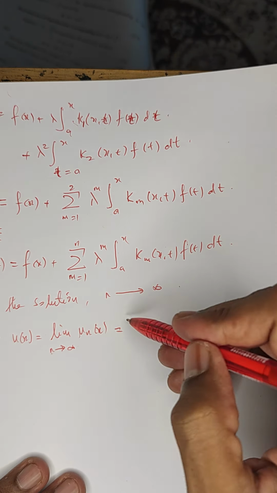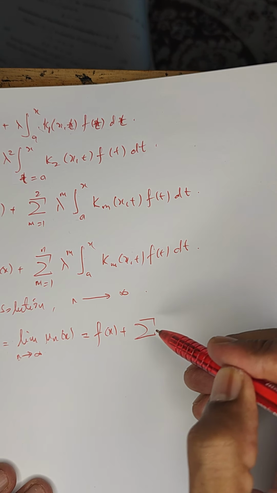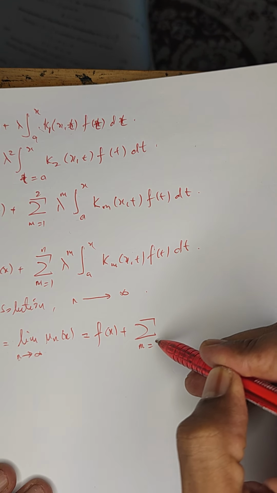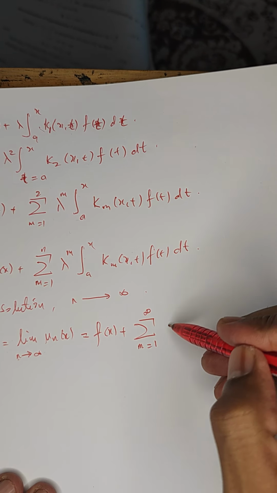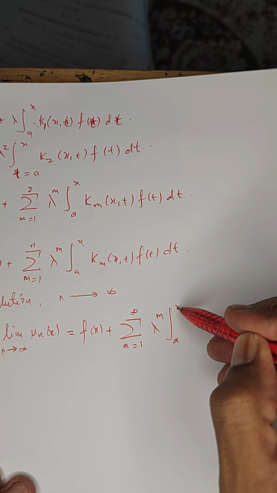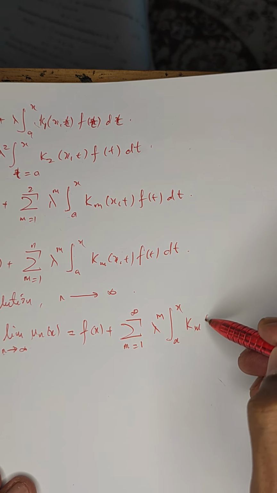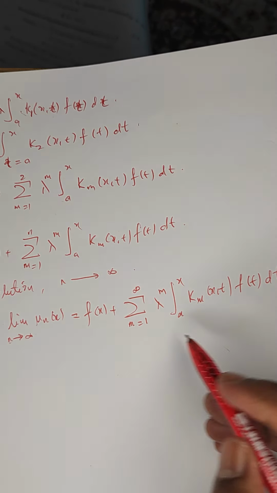This is equal to f(x) plus the summation m from 1 to n, now it goes to infinity, lambda^m integrate a to x k_m(x,t) f(t) dt.